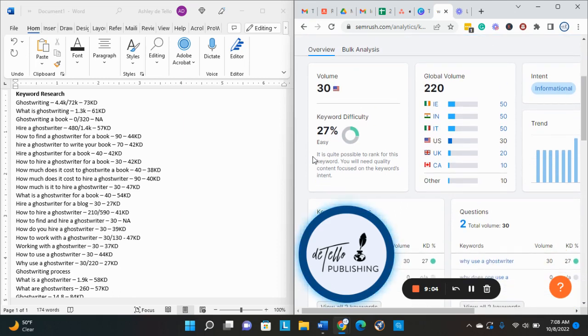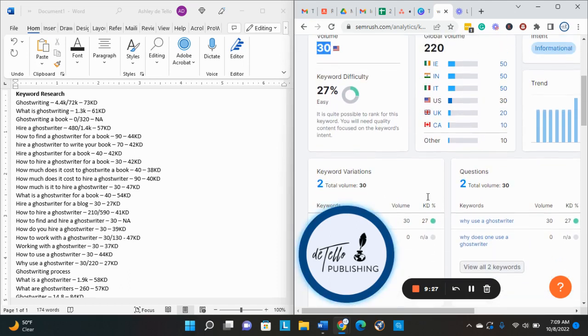It says it is quite possible to rank for this keyword; you will need quality content focused on the keyword's intent. Compared to the other cases where you're going to need 150 referring domains to even compete, this one's just saying all you need is quality content. And maybe you'll need to get 30 people a month. So that might be worth it.